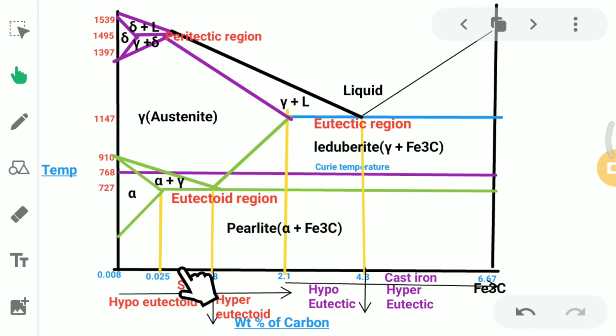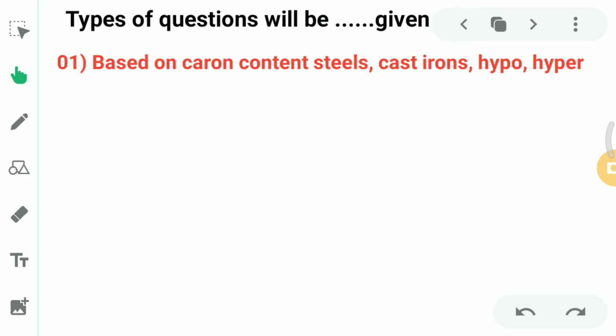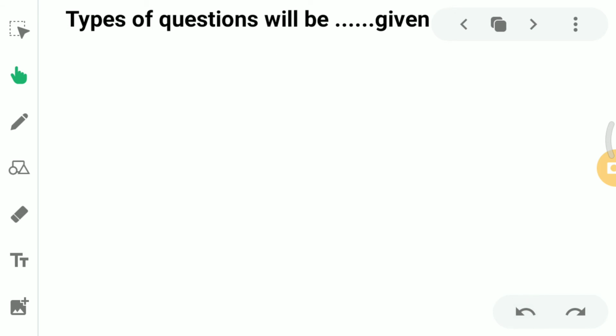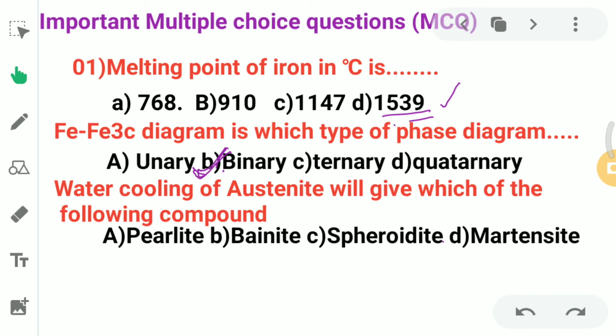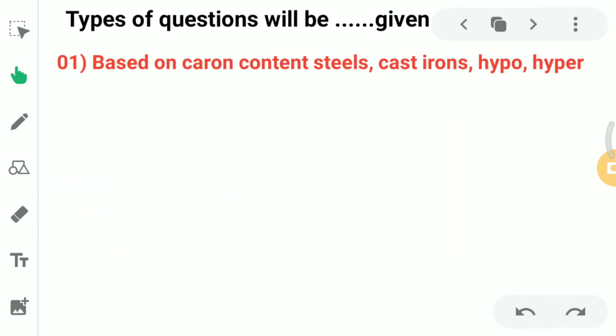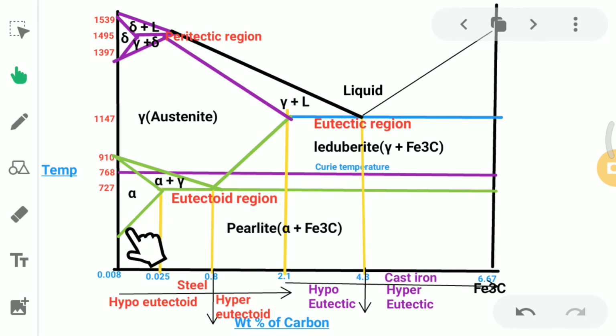If it is less than 0.8 percentage, then we call it a hypoeutectoid steel. If it is greater than 0.8, we call that a hypereutectoid steel, friends. And coming to carbon content, here they can ask the limits of the carbon, friends.